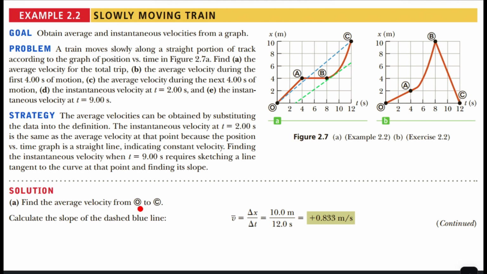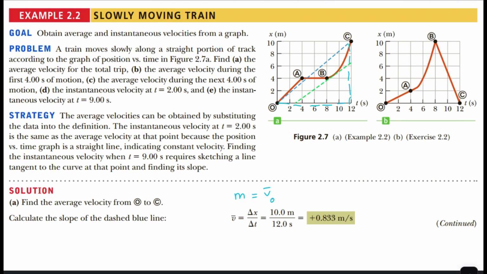So, solution given here. Find the average velocity from O to C. So connect these 2 points and figure out the slope of the blue line.